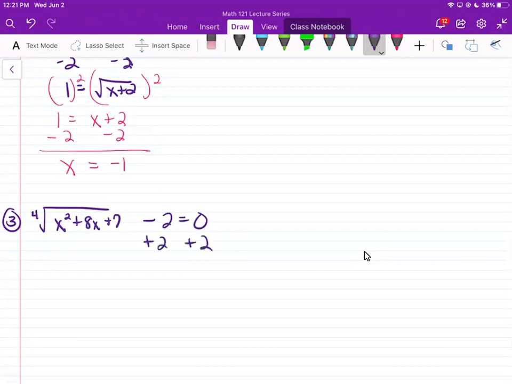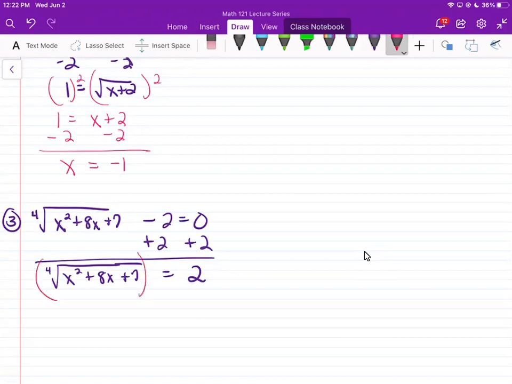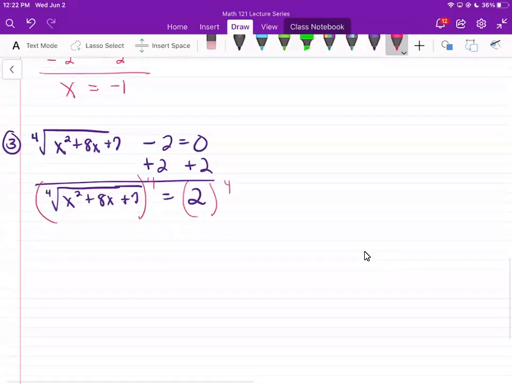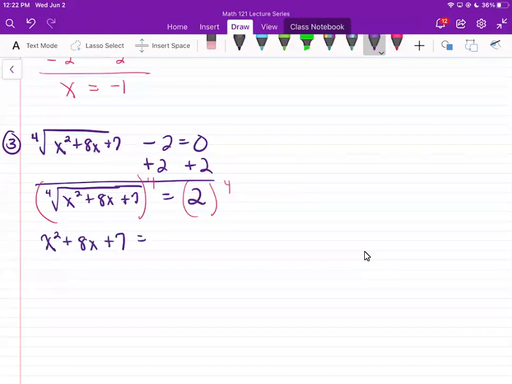I'll add 2 to both sides, which leaves me with the fourth root of x squared plus 8x plus 7 equals 2. This time, instead of raising it to the second power, our index here is the fourth power. So I'm going to raise both sides to the fourth power, which results in x squared plus 8x plus 7 equals 2 to the fourth power is 16.